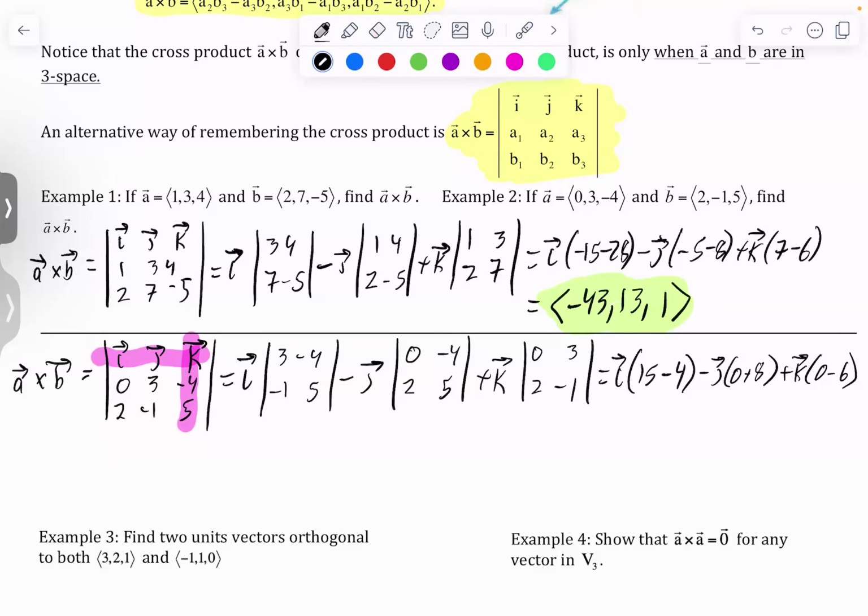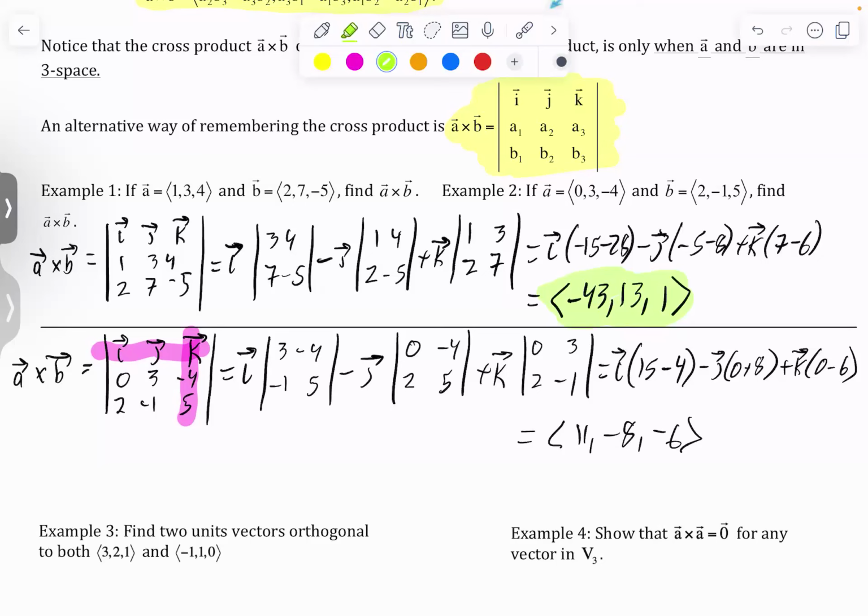Actually, I'll do it like I did the other one. I'll do it here. 11, comma, -8, -6. And there you have the cross product.